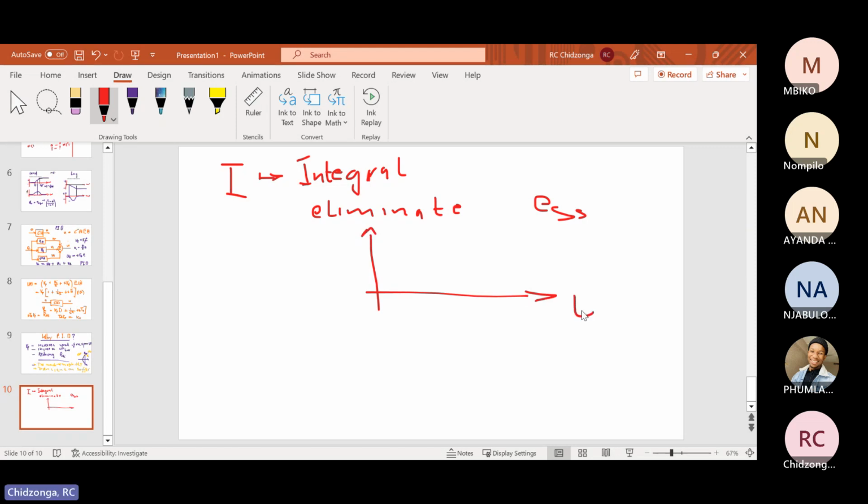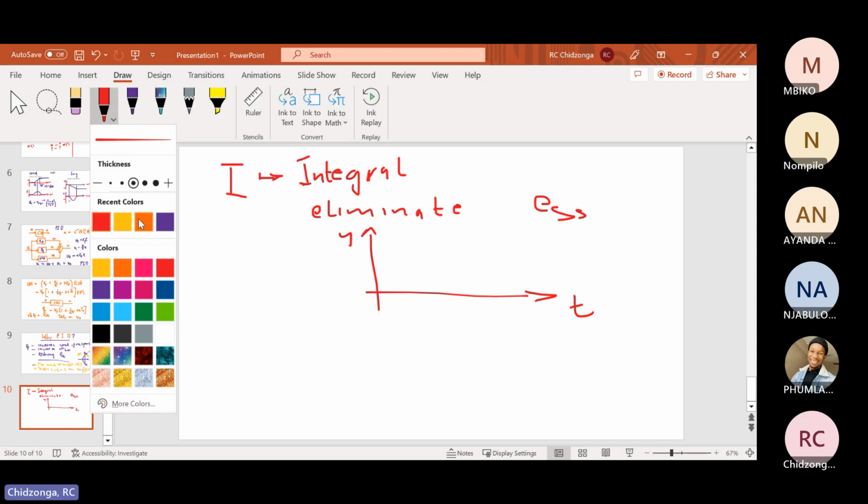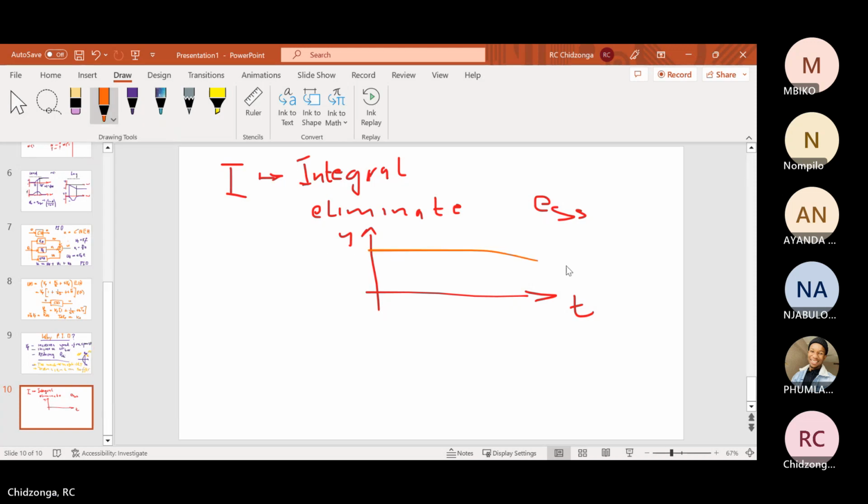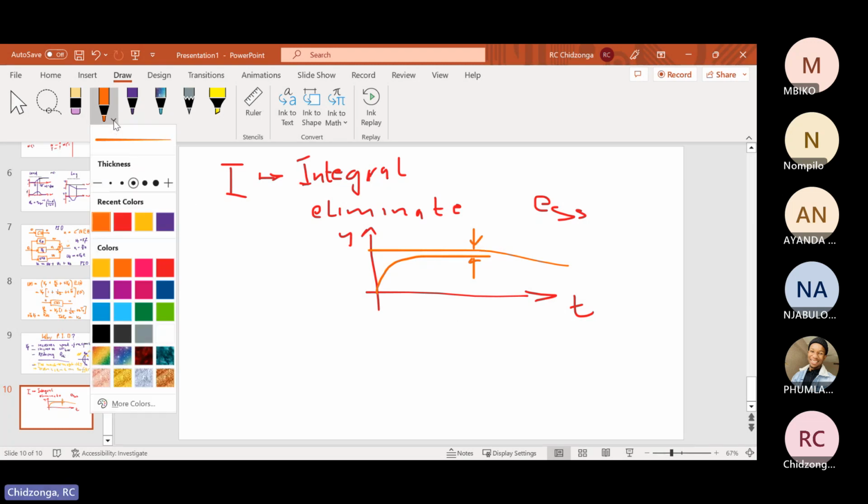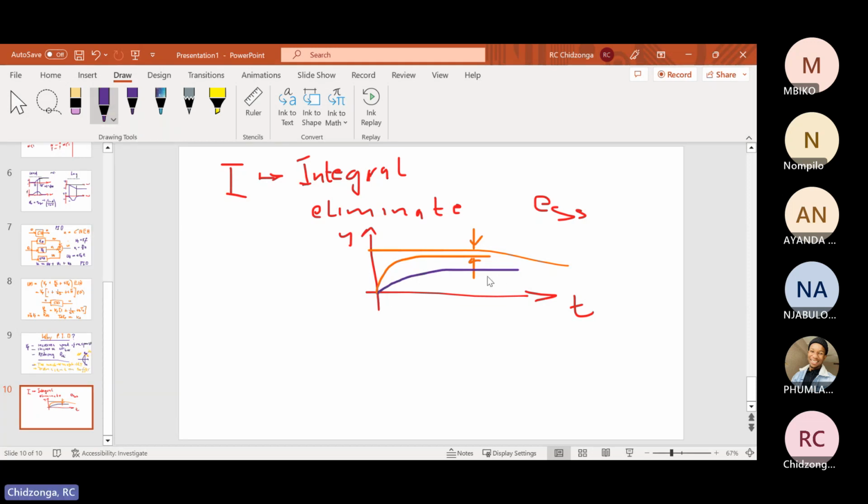If this is your time and this is your output and this is your input, if your first order system is doing this, this gap here is your steady-state error. If your gain is very low, you may find that your process will be slow like this, meaning that the gain is low and the steady-state error will be high.